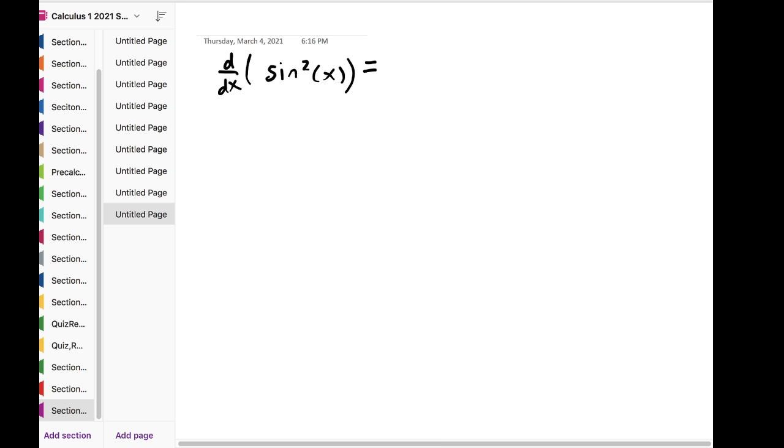Okay, so we used the product rule before to deal with sine squared of x, but here we can actually use the chain rule. This is why "outer, inner" is a little bit misleading, if you've heard of that.